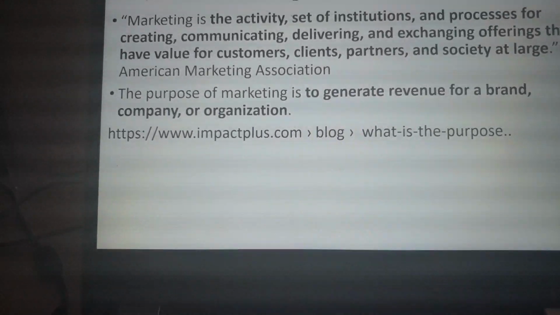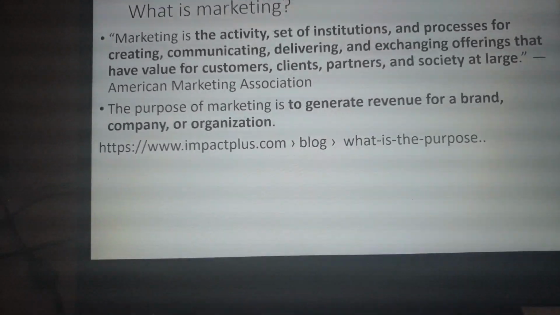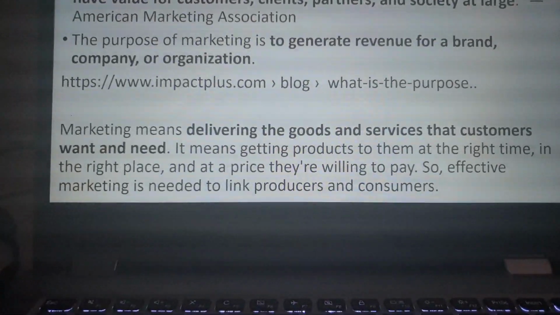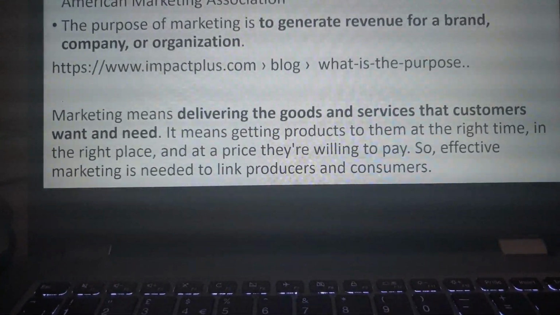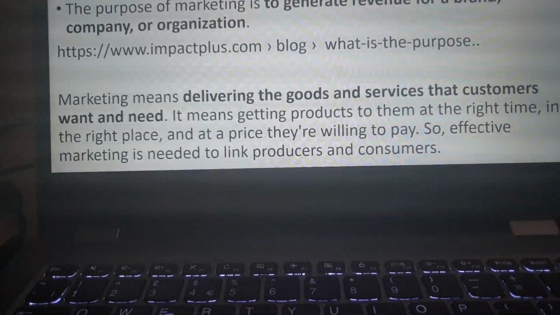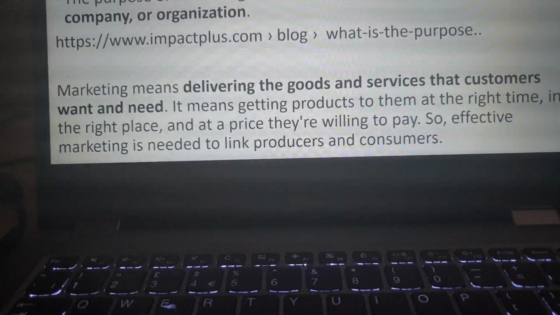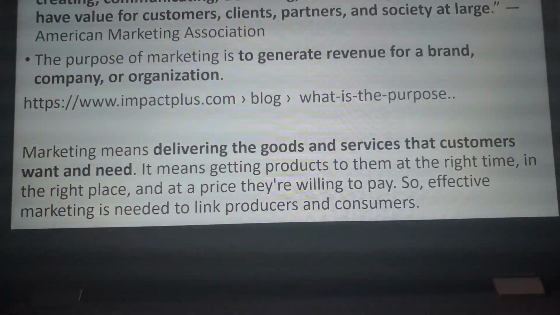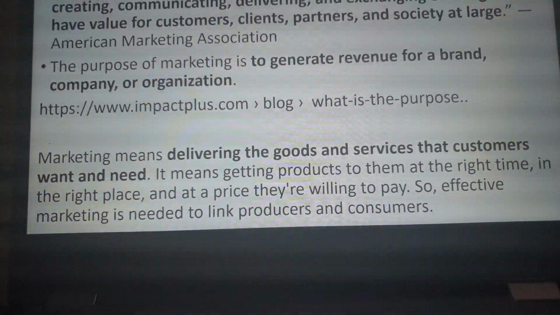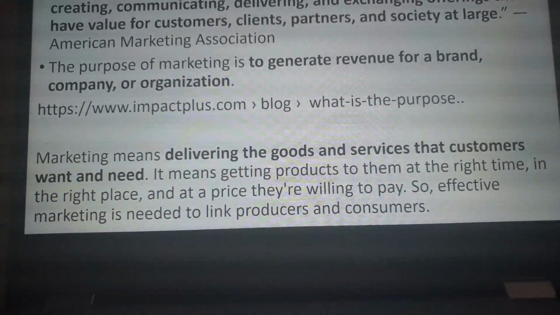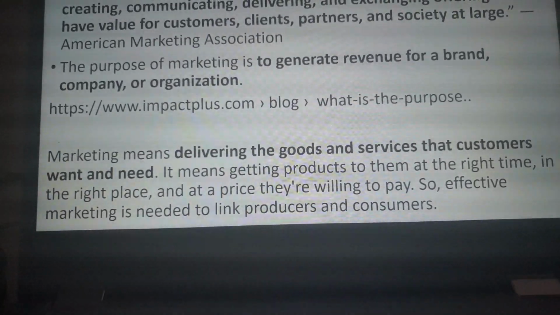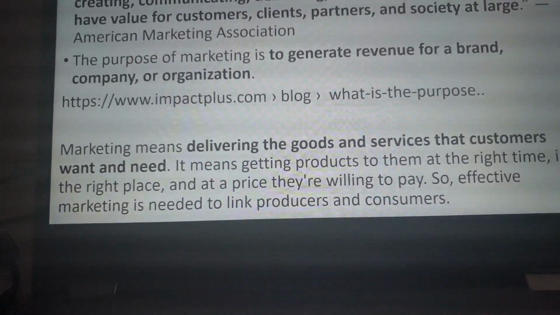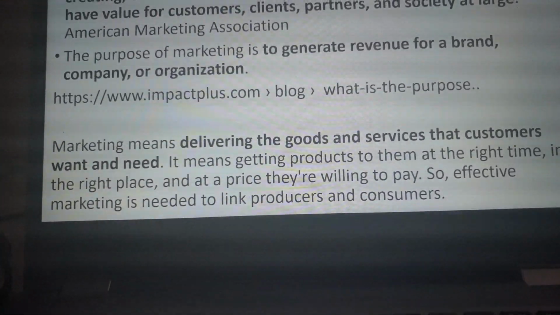That is the source of those definitions. Marketing means delivering the goods and services that customers want and need. Yes, students must deliver these goods and services. It means getting products to them at the right time, in the right place, and at the right price they will be willing to pay. So effective marketing is needed to link producers and customers.